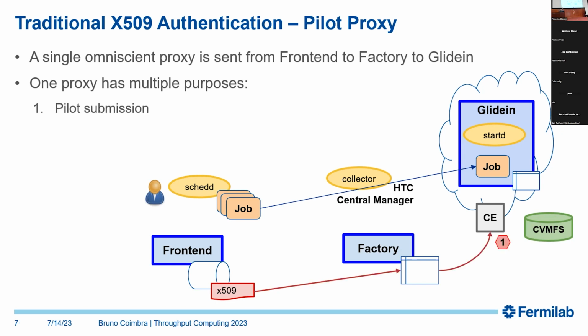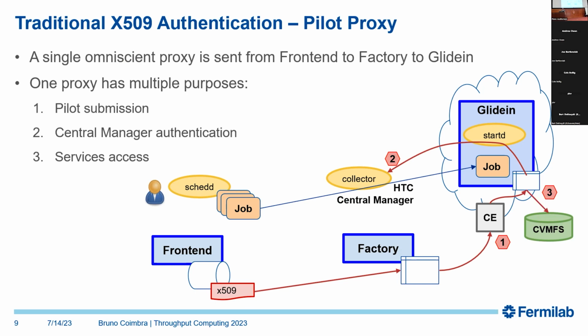The first one, it will be forwarded to the factory that will use it to authenticate with a CE, for example. This can also be used to talk back to the central manager when the pilot authenticates back with the user pool. And it can be used for service access, to register to storage services such as CVMFS, for example.